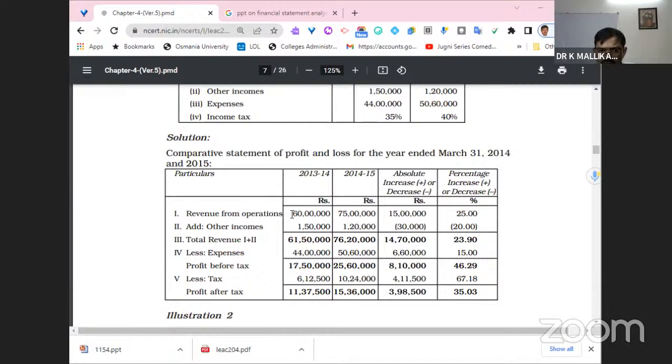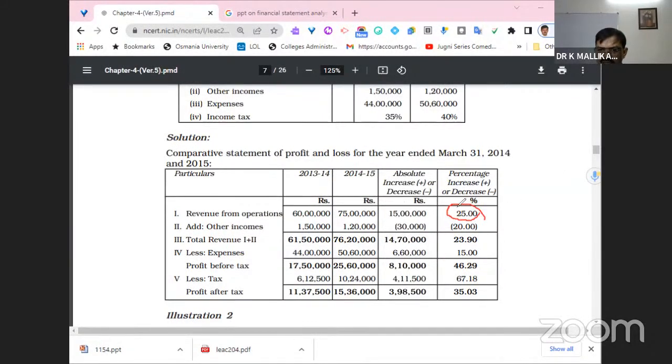The previous year total revenue from operations is 60 lakhs rupees, but the current year is 75 lakhs. So the absolute increase is 15 lakhs. What is the percentage increase here? 25% increase. How did we get this 25%?